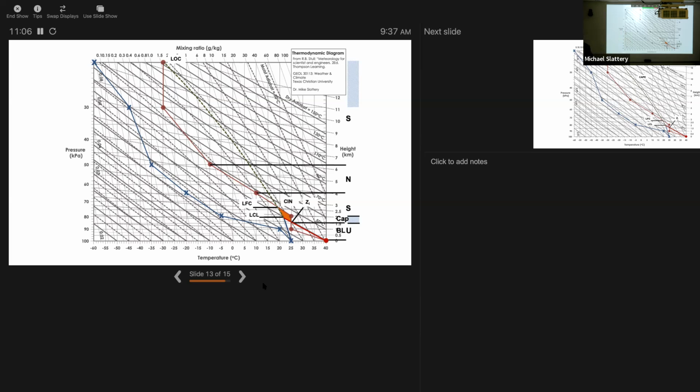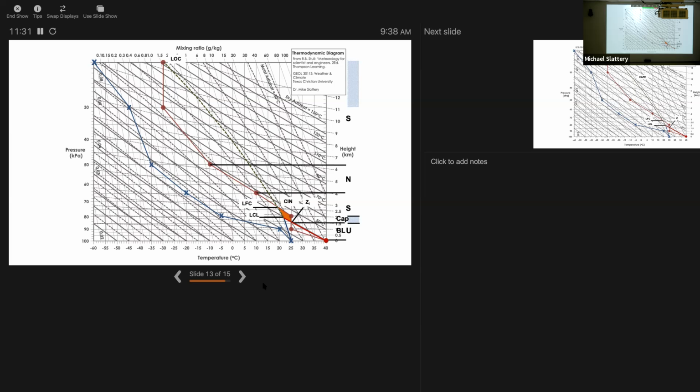In other words, if you were to take your hands off that parcel at that point, it would just shoot up along that green dashed curve, because now its temperature is always warmer than the ambient environment. So the problem in this example is you've got this little orange area here, which is the convective inhibition. That's the lid that's keeping everything under wraps until you can break through it.